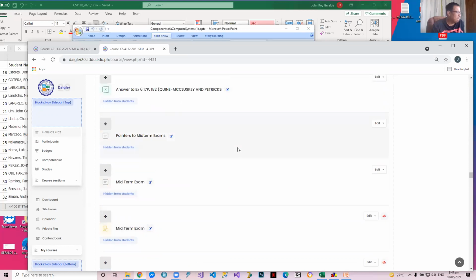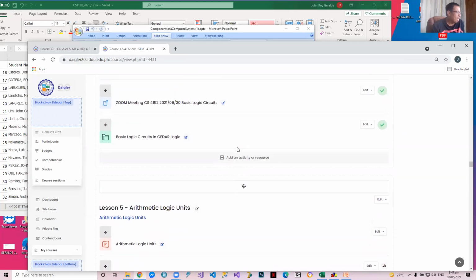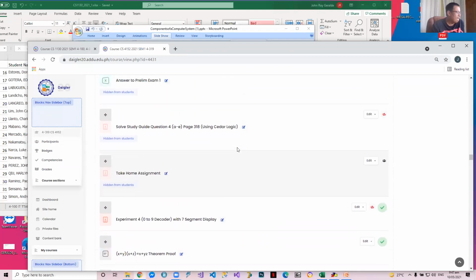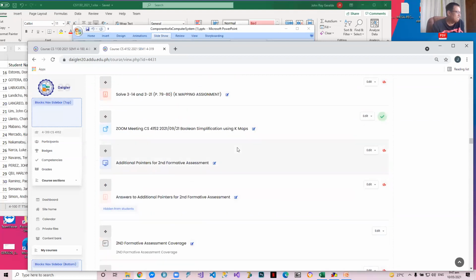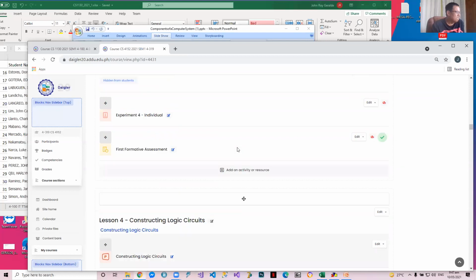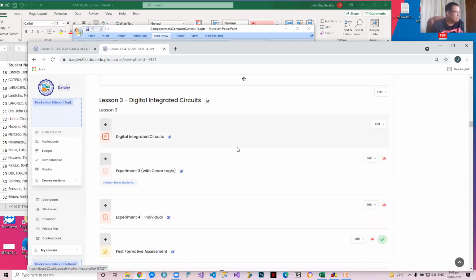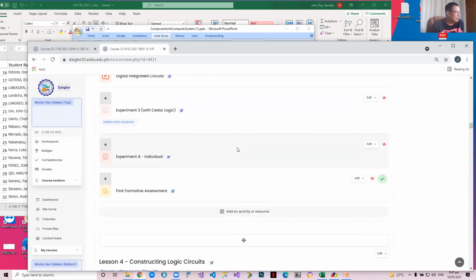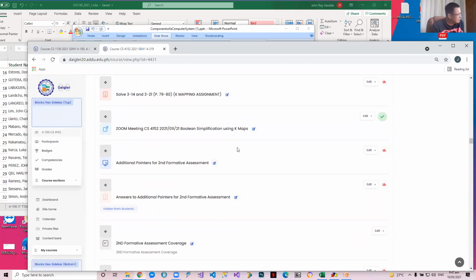Control unit. It's gone. I don't seem to have it anyway. So anyway, it's not important to us.